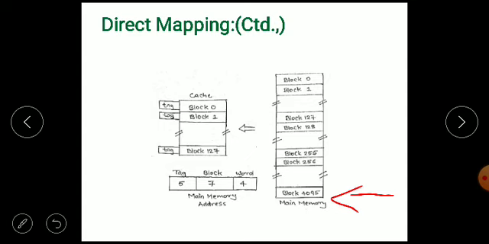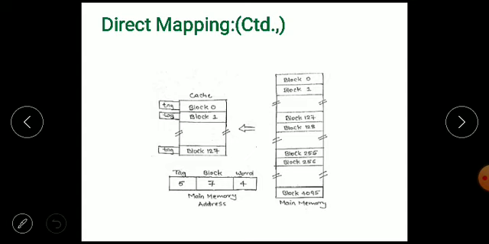So in this way it is arranged in the main memory, and first of all they are partitioning, or segmenting, the main memory into 32 pages, right?